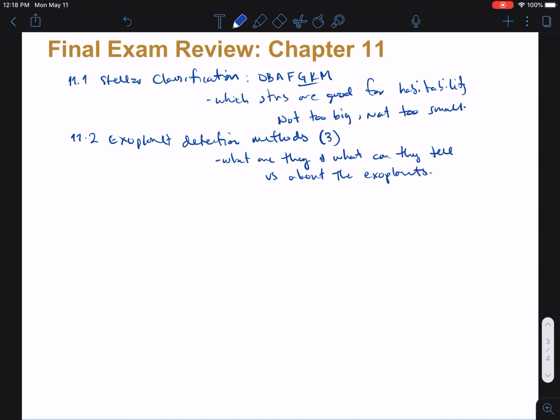The next thing we talked about is what are the properties of the confirmed exoplanets that we've found. Let me see if I can spell today.